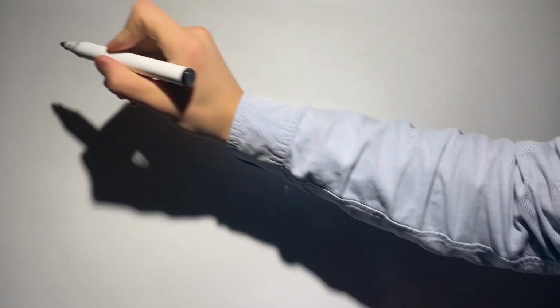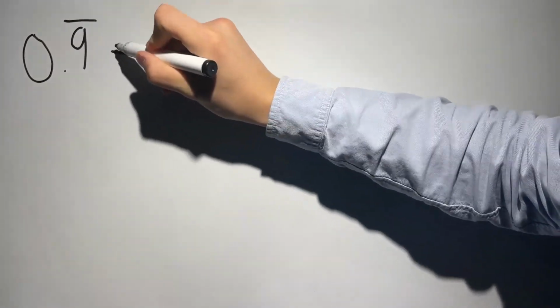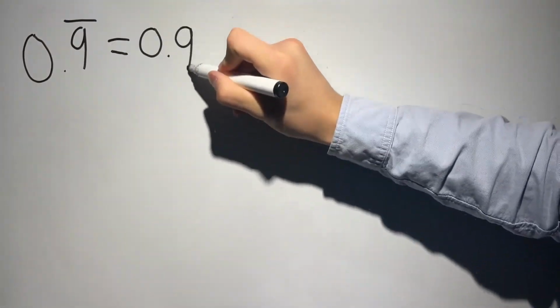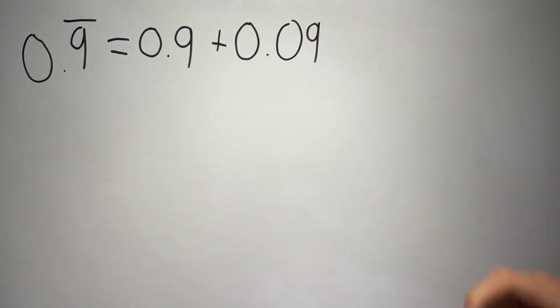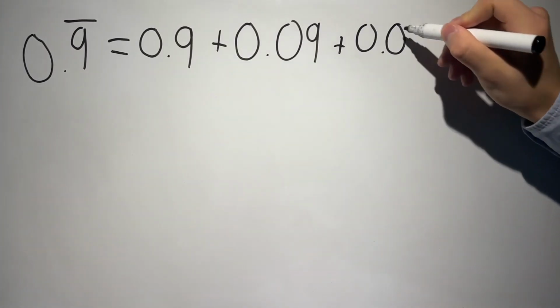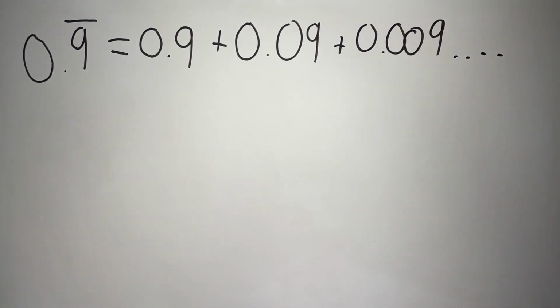First, let's express 0.9 repeating as an infinite sum. 0.9 repeating equals 0.9 plus 0.09 plus 0.009, and so on and so forth. This is an infinite geometric series where each term is 1/10 of the previous term.